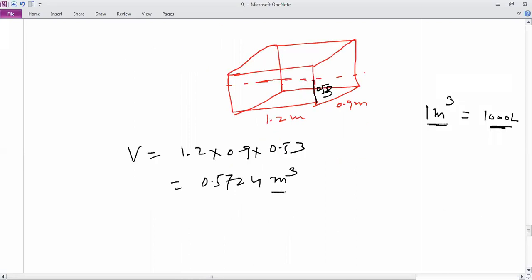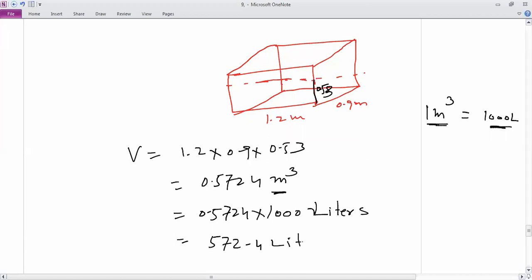This is in cubic meter, you have to change it into liters, so multiply by 1000. 0.5724 into 1000 will become liters. Now, what will it be? 572.4 liters. That you can round to 3 significant figures, 572 liters.